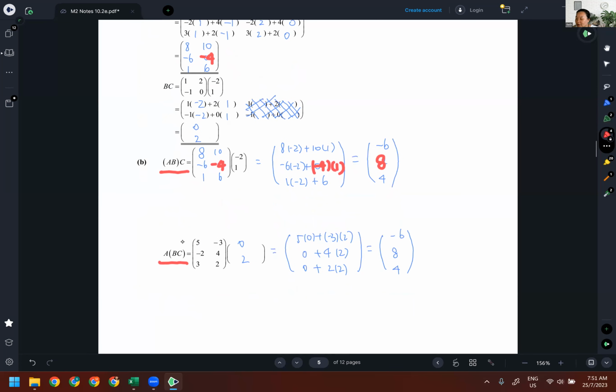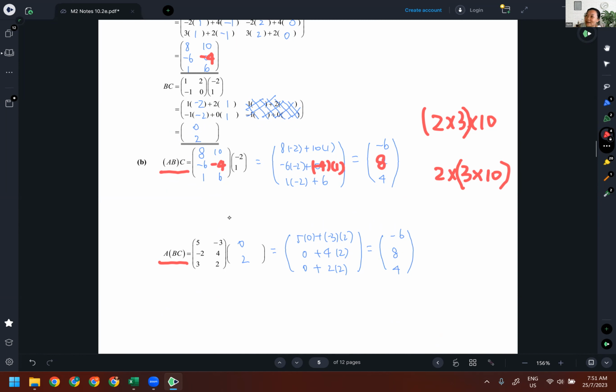Now this is very common in normal multiplication. If you have 2 times 3 times 10, it doesn't matter how you multiply, as long as you multiply. So in normal multiplication, this is very common, and this is also true here.